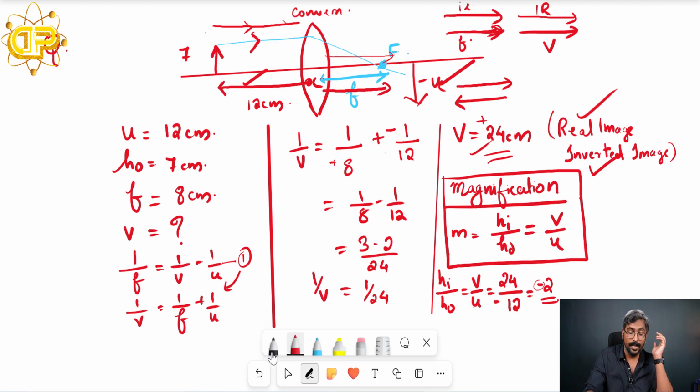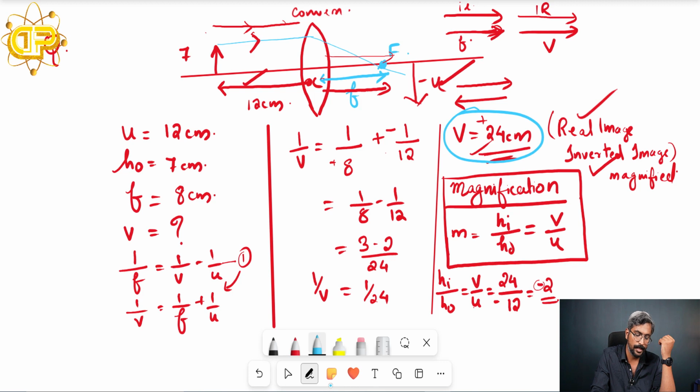So you are getting a value greater than 1, so obviously this will be a magnified image. So you got the position, that is 25 centimeter, and a real, inverted, as well as magnified image.